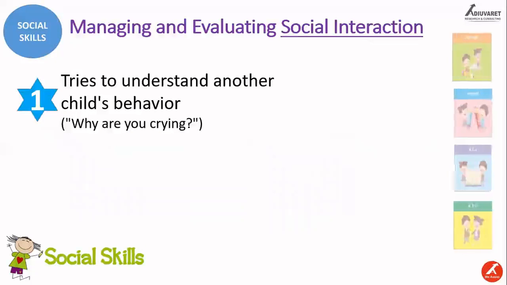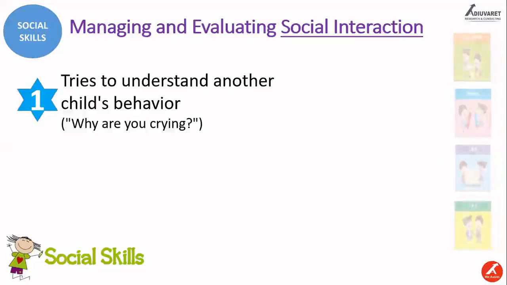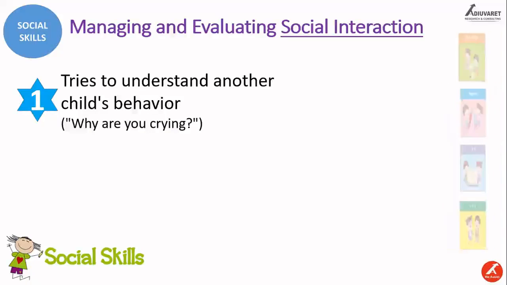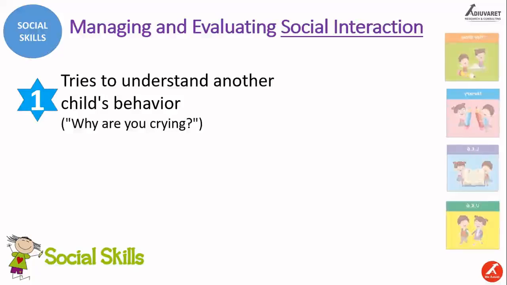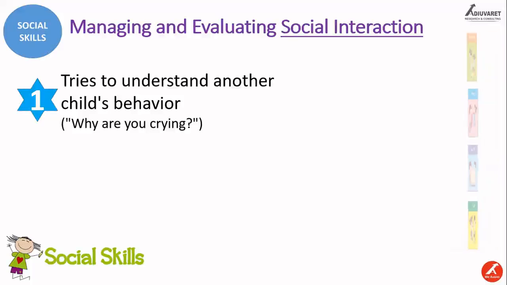Number one skill under social interaction is that the child tries to understand another child's behavior. Under social and emotional skill, we are trying to make the child aware of their own emotion and behavior. But under social interaction, we are trying to build the skill so that the child can understand another child's behavior.